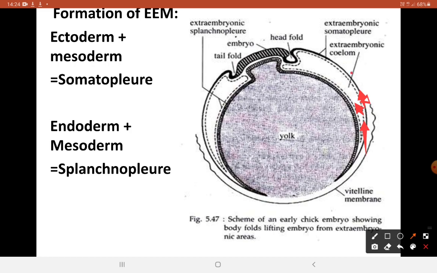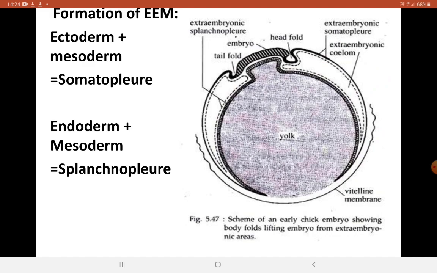Now here if you see, this is the ectoderm, and this dotted line towards the ectoderm is the somatic layer of mesoderm. Now these two together, the ectoderm and the somatic layer of mesoderm, are together called embryonic somatopleure.